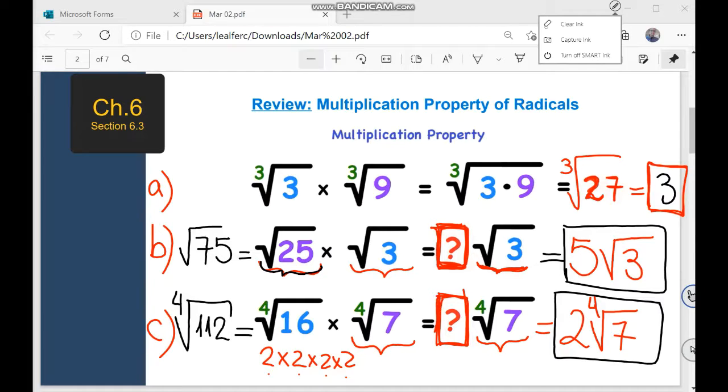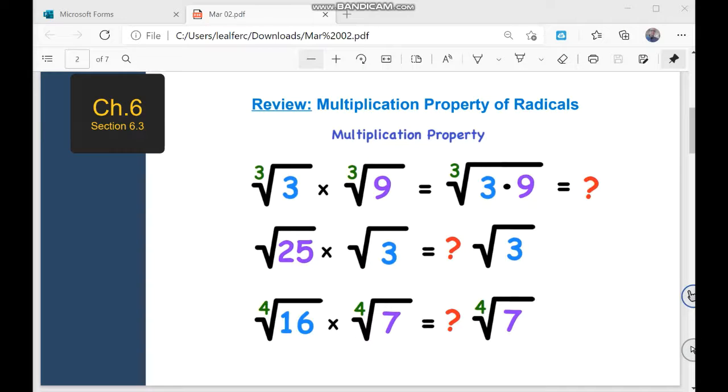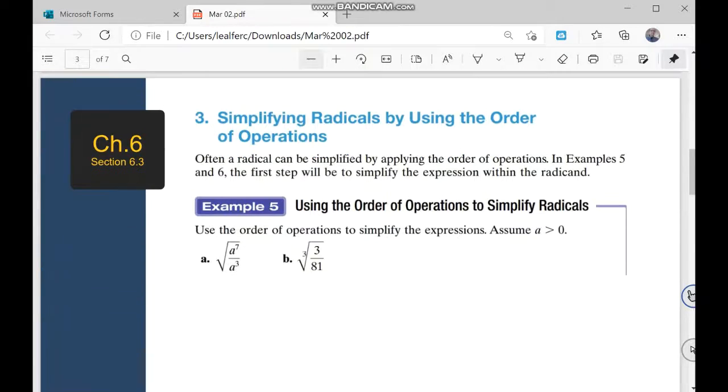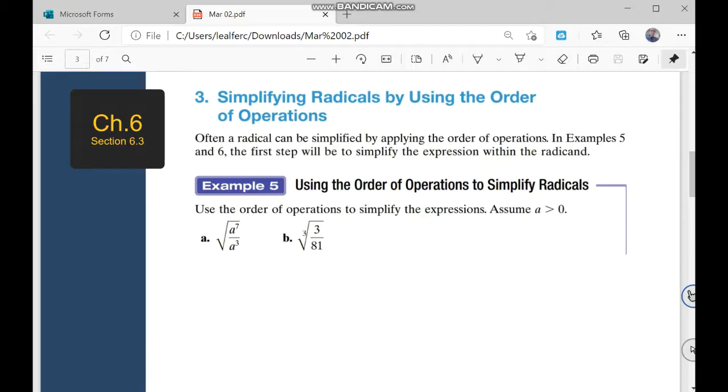Let's move to the next slide, which is the topic of today's lesson. Today we will keep working on simplification of radical expressions, but today we're going to use the order of operations.